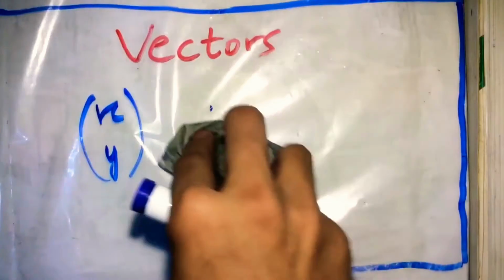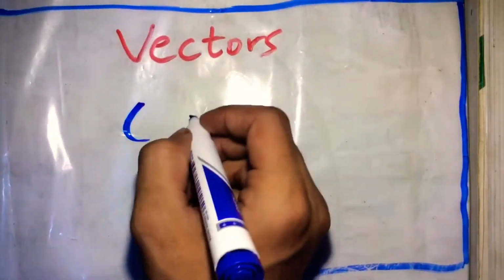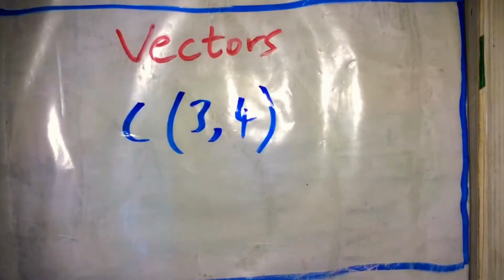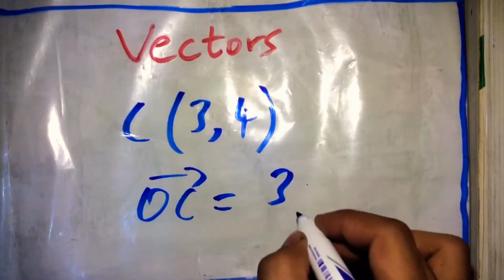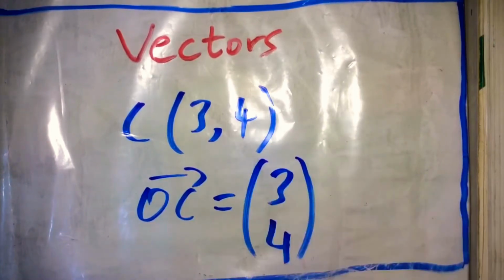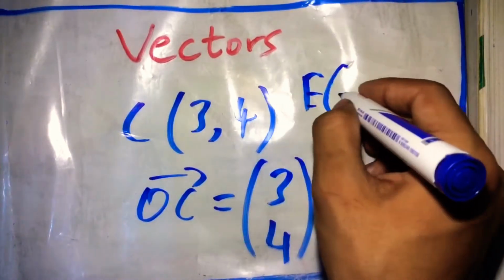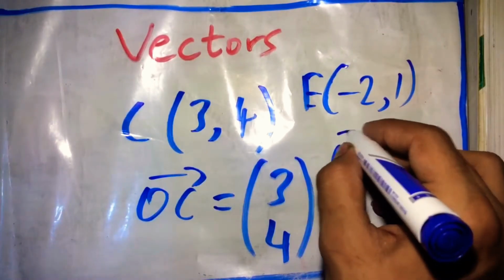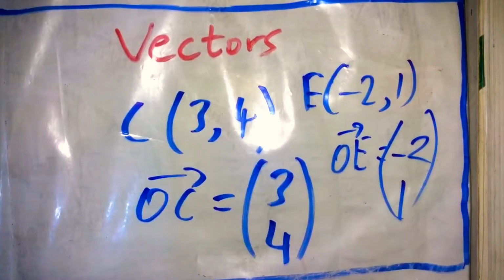Also, if we have a point C (3, 4), its position vector will always be (3, 4). Or if we have a point E (-2, 1), its position vector will be (-2, 1).